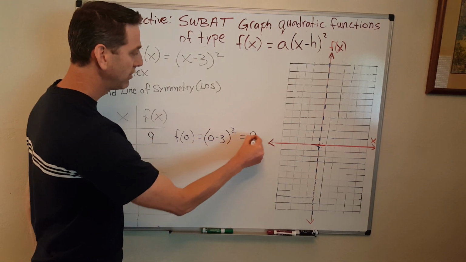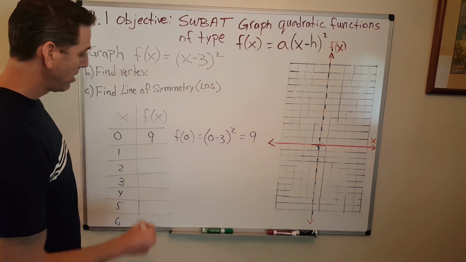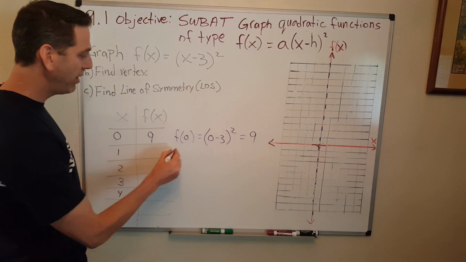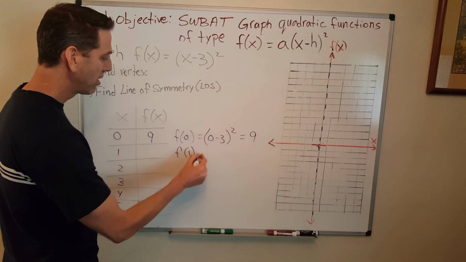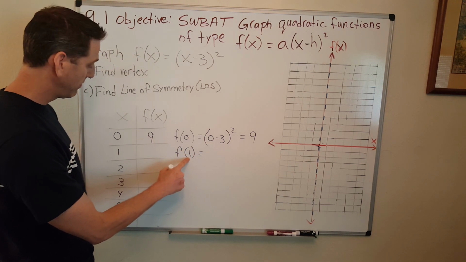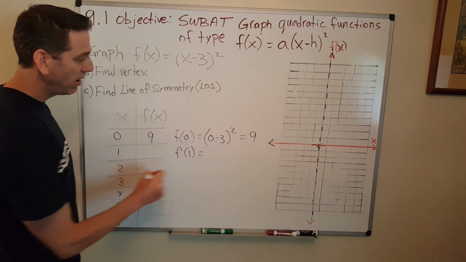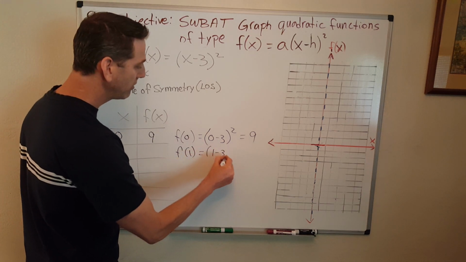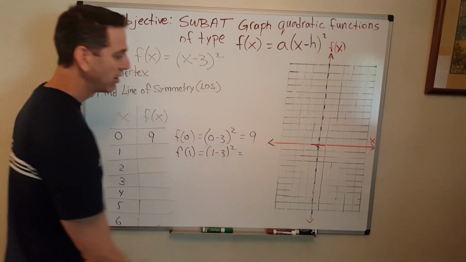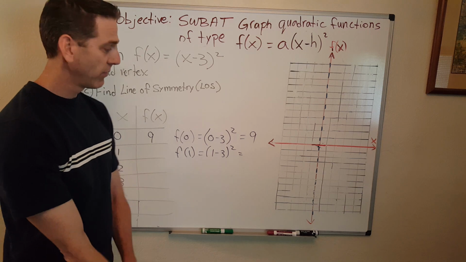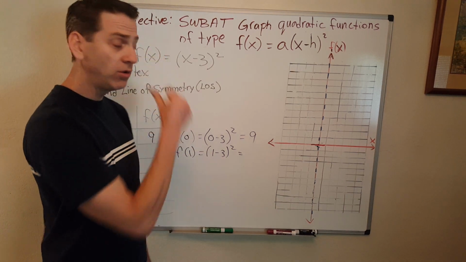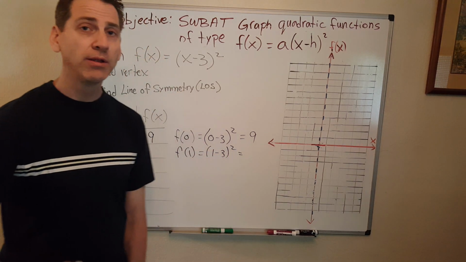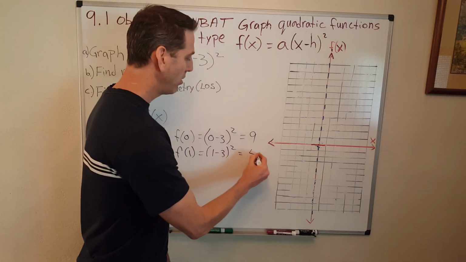That's going to give us 9. How about f of 1, when x equals 1? 1 minus 3 squared. 1 minus 3 is negative 2, and negative 2 squared is 4.